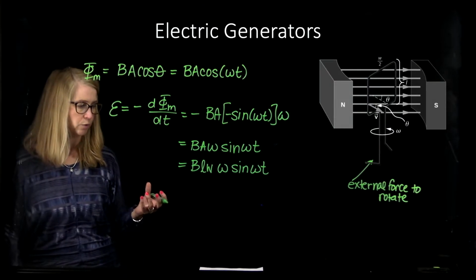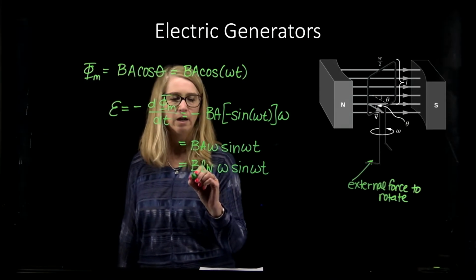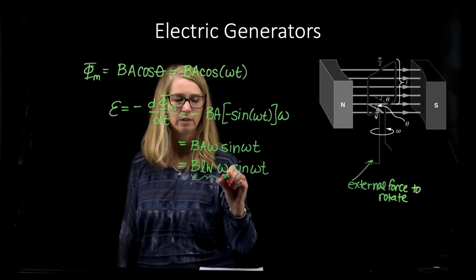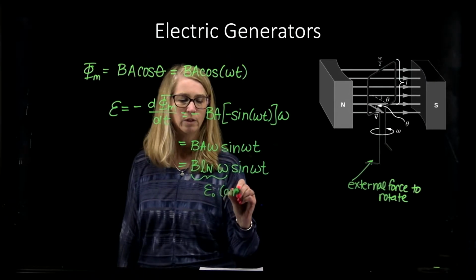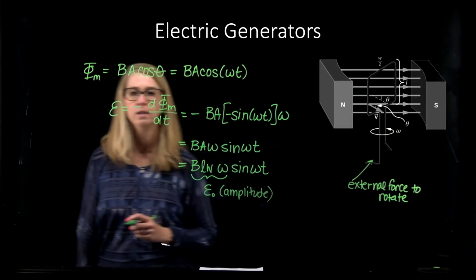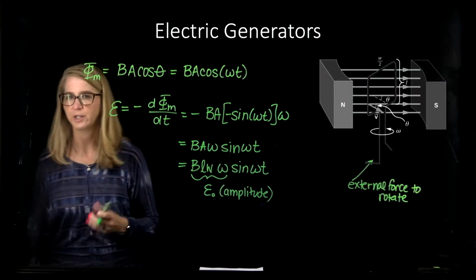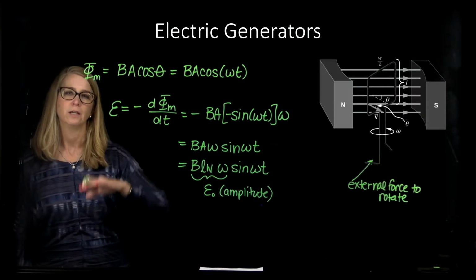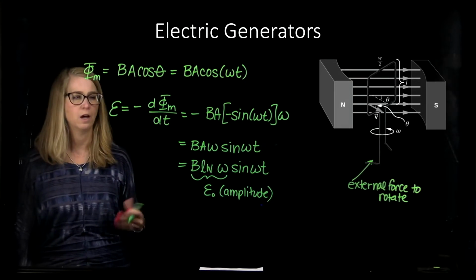We're going to look at a graph in a moment, but you can see that all this could be thought of as E naught, which is the amplitude. And that's sort of like the peak, because this is going to vary just like a sine function and vary with time with a maximum amplitude of E naught.